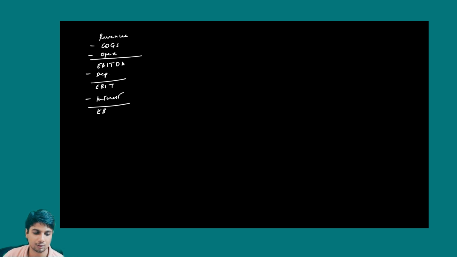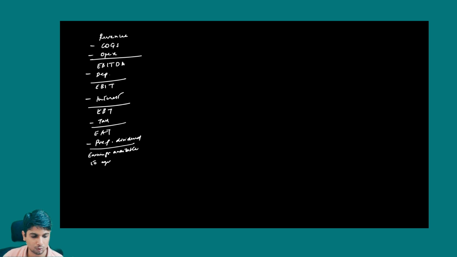Then you get EBT. Then to this you will reduce tax. You will get EAT, that is earnings after tax. To this, if suppose you have preference shareholders, you will reduce preference dividend. Then you will get earnings available to equity holders, right? What you will do to this, if you want to find out EPS, you will divide this by number of shares to get EPS.